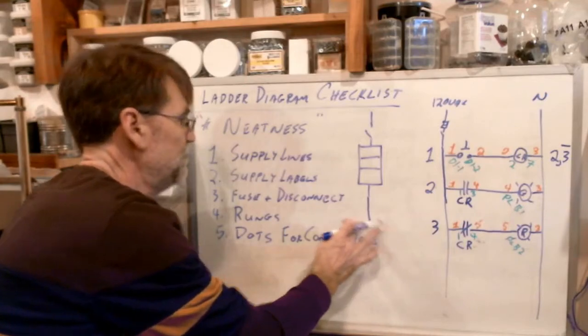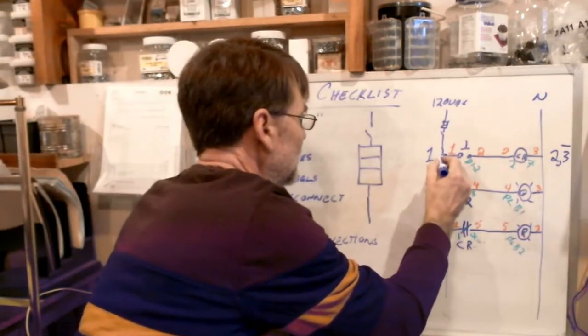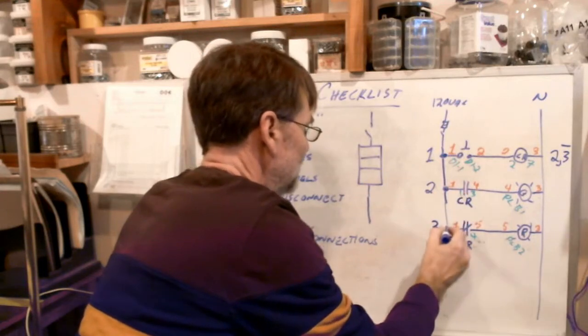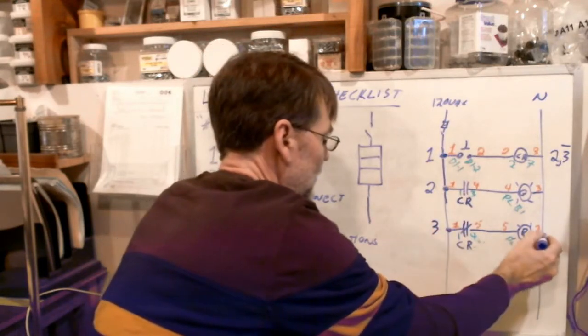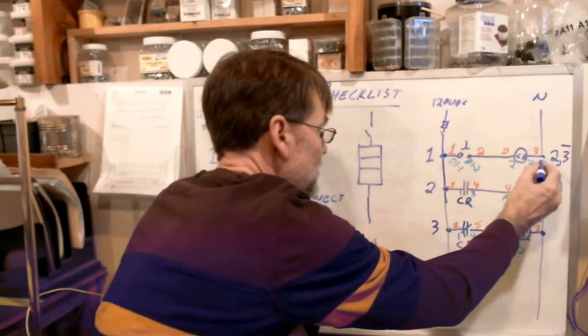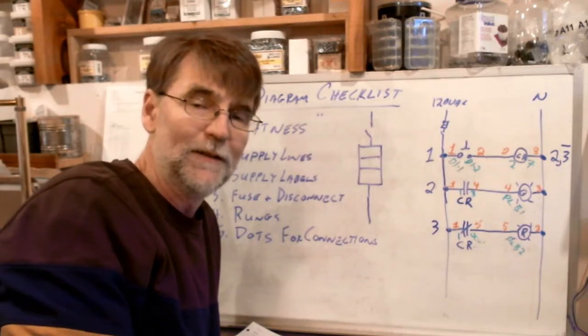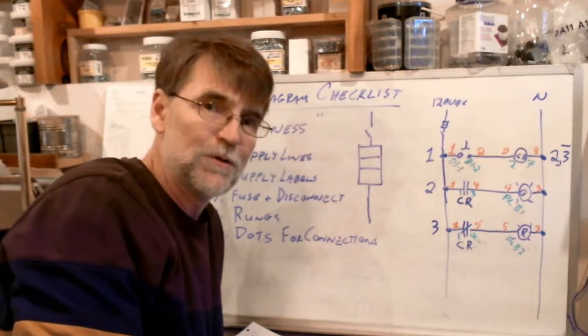So every time you have a connection, you must have a dot to show that connection. Okay? I purposely left it out until this point to have this conversation about it. Please do not leave those dots out. They're easy marks for you to lose, and you will lose marks if you forget your dots.